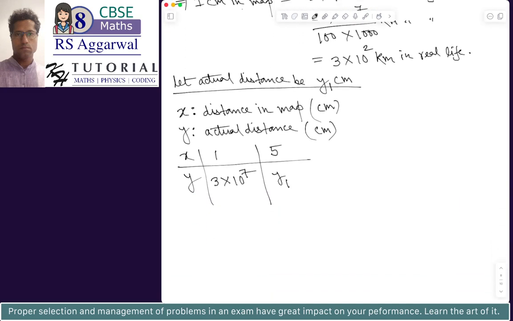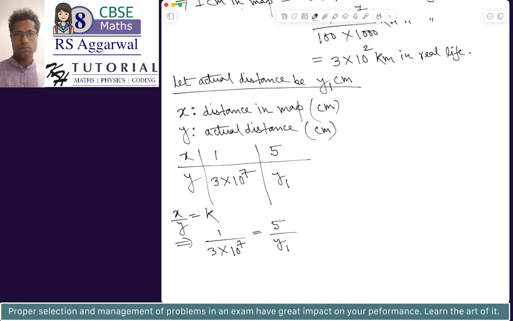Now we will apply the result, that is the ratio is constant. The ratio of all corresponding values of two quantities x and y which are in direct variation will be the same. That is, from the fact that x by y is a constant, 1 by 3 multiplied by 10 to the power 7 will be equal to 5 by y1.